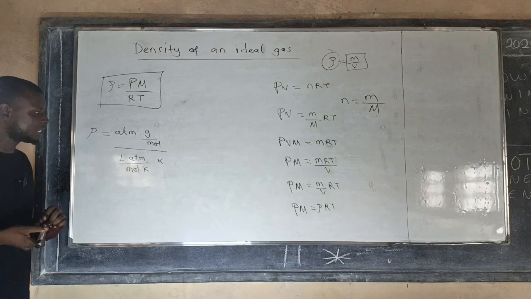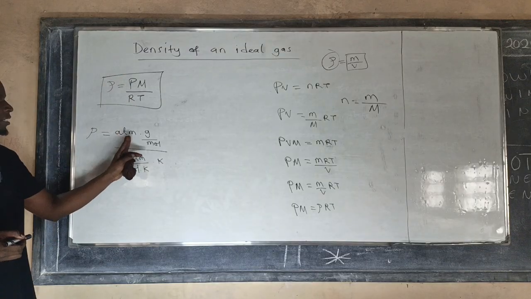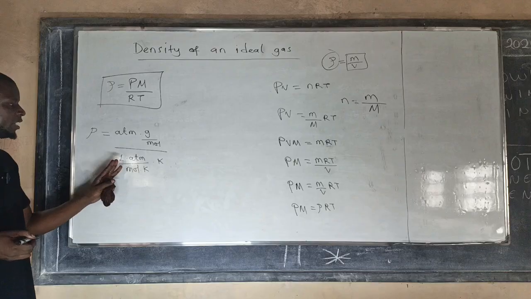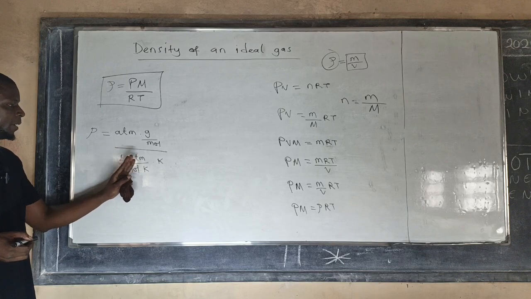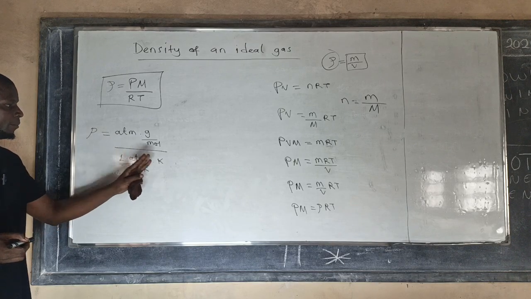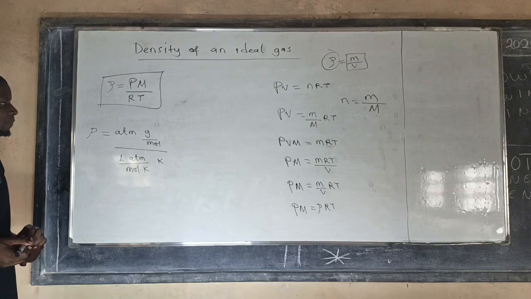So we have atm multiplied by grams per mole, divided by liters atm per mole per Kelvin, multiplied by Kelvins.